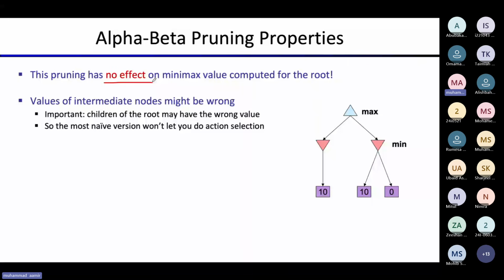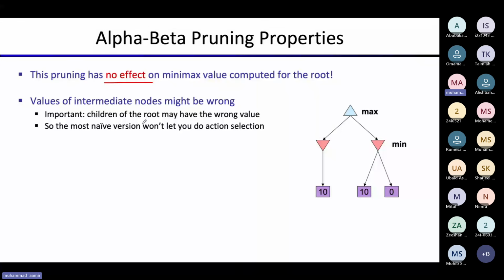And for the intermediate nodes, yes, if we say that the intermediate nodes might have the wrong values, then there are chances. But there is a very, very small chance that the intermediate nodes have the wrong values. It could happen only if you are applying both techniques in parallel: you are applying alpha beta pruning and you are using estimated utility function values.